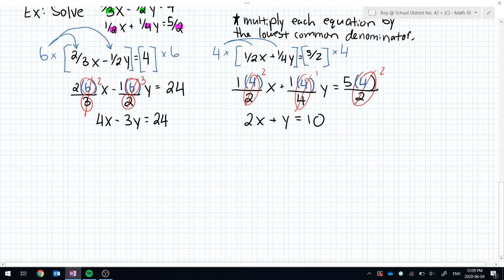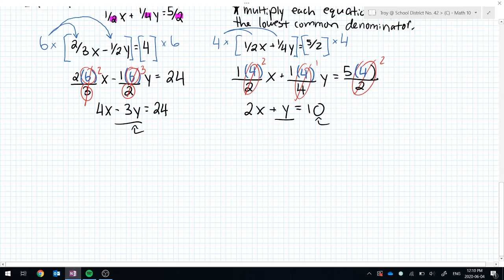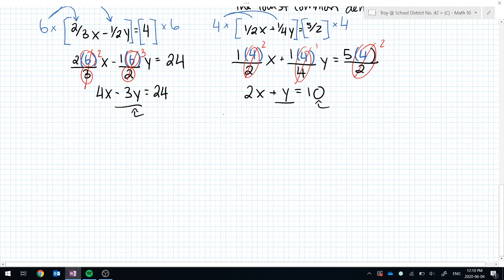So what I'm going to have to do here, I already have a negative 3y there, and I have a positive y here. So if I just multiply this equation by 3, I'll end up getting a positive 3y, which I'll be able to use with this negative 3y in order to cancel them out. So I'll just come over here, make a little note, multiply by 3.